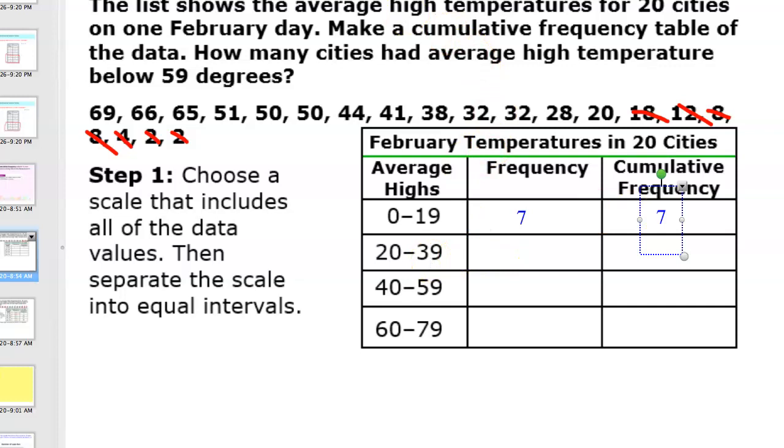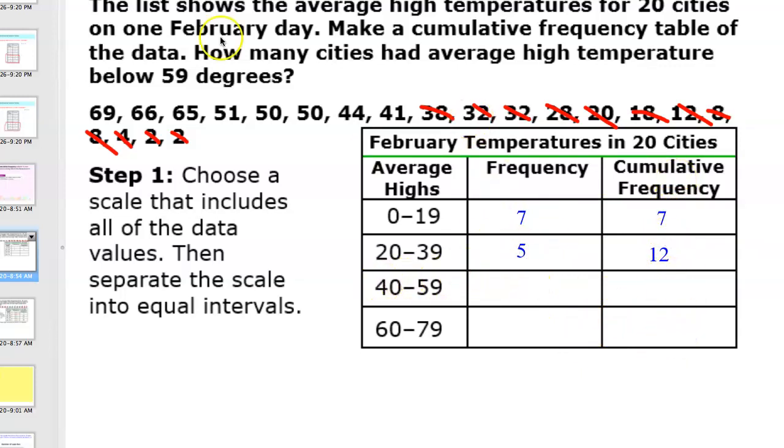All right, now 20 to 39. 1, 2, 3, 4, 5. There are 5 temperatures between 20 and 39. So 7 numbers are listed here, plus 5 more is 12. So it's accumulating. We're just adding these all the way down.